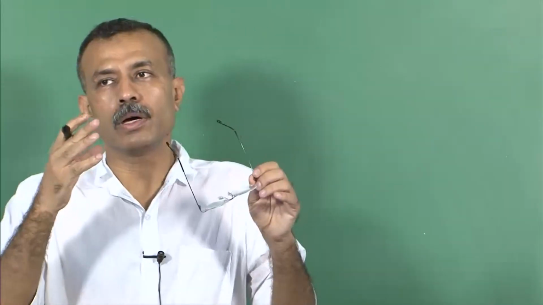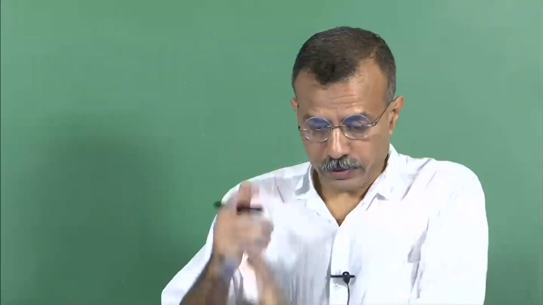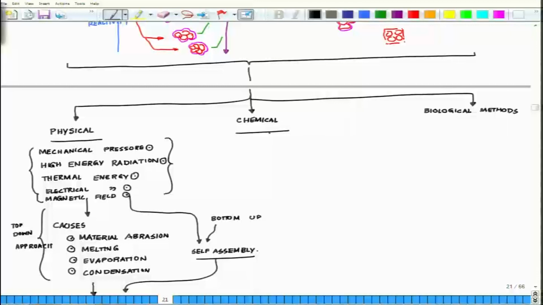So you have a bulk material, and the two options you have are top-down or bottom-up. Whatever the technique, when we are going top-down, we are talking about etching.